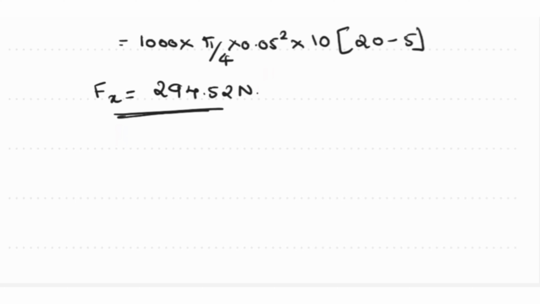So I will now draw the velocity triangle at the outlet. As usual, relative velocity will be in the same direction itself, and this Vf2 will also be in the same direction. So this is VR2 and this is Vf2.